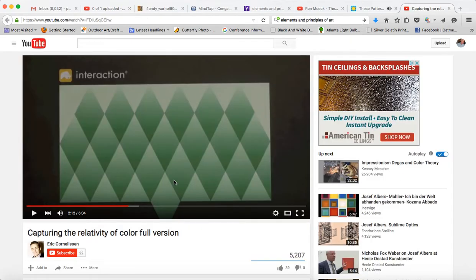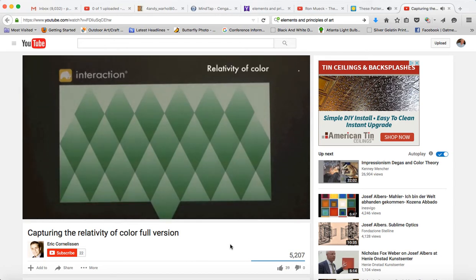And then the last thing I can point out for this week is this idea of the relativity of color, and it's very similar to what I was just describing. These are phenomena that we as humans perceive. We move from one environment to another, and our brains literally adjust, our eyes literally adjust to those surroundings to make them seem, quote, normal.